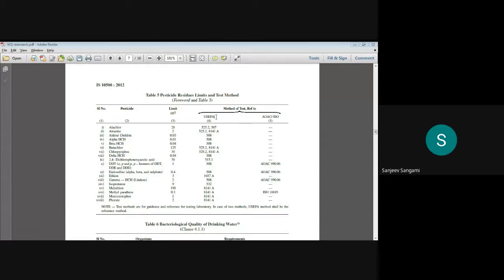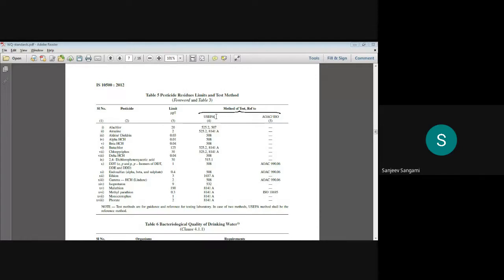Normally these people give the guidelines to prepare the proper IS codes, and most of the protocols to determine many water quality parameters have been developed by citing some of these protocols, with the help of many scientists.